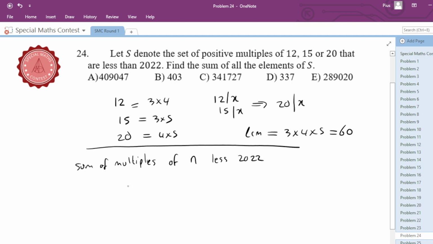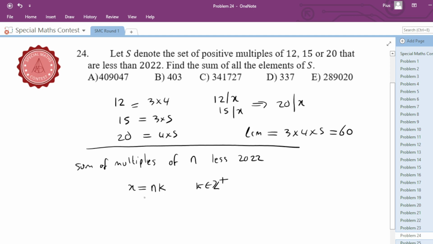This means we are considering numbers in the form n times some other value, let's say k, where k is an integer. We're looking at positive multiples, so k has to be a positive integer.